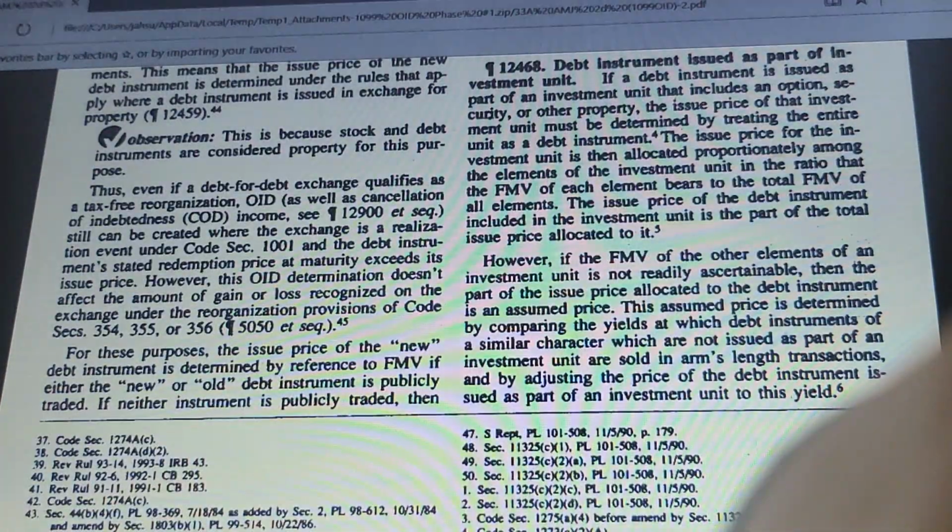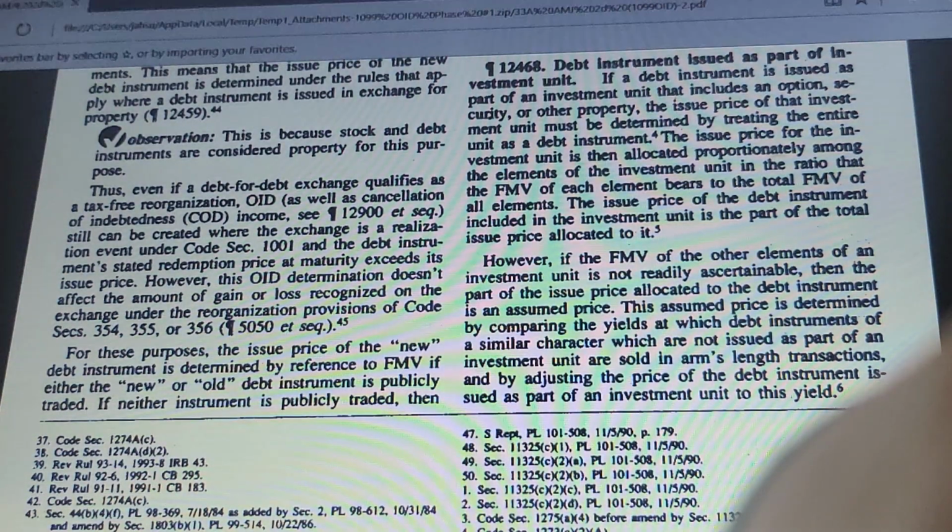Thus, even if a debt for debt exchange qualifies as a tax-free reorganization, OID, as well as cancellation of indebtedness (COD) income (¶1290 et seq.), still can be created where the exchange is a realization event under Code Section 1001 and the debt instrument's stated redemption price at maturity exceeds its issue price.